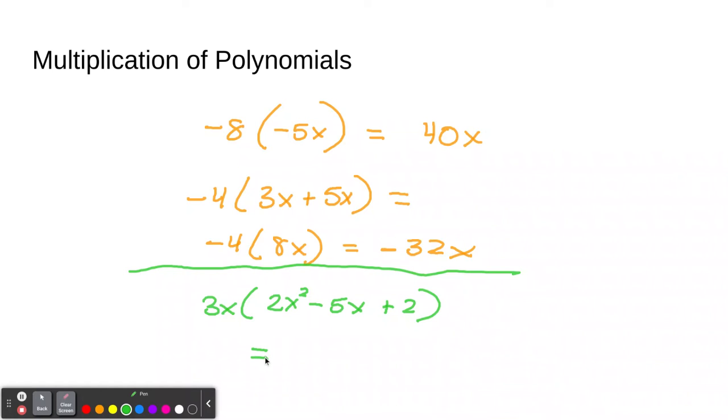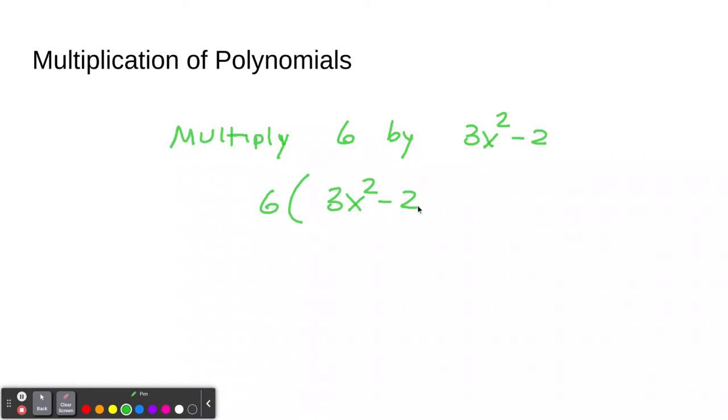If you want to pause the tape, give you a few seconds. Distributing it out, so now we're going to have 6x to the 3rd power. Be careful with these signs. Positive and negative is negative, 15x squared. And then plus 6x. So that would be that answer.